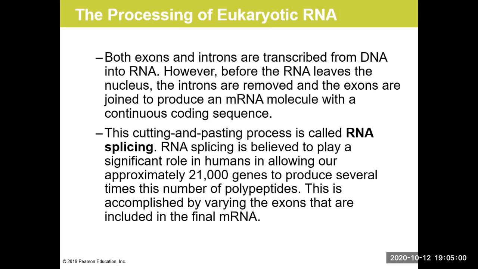When RNA is initially transcribed, both exons and introns are transcribed from DNA, but this is a really long sequence. Before the RNA goes out of the nucleus, the introns are removed, deleted, and the exons are then joined to produce an mRNA molecule with a continuous coding sequence. This cutting and pasting process is known as RNA splicing.